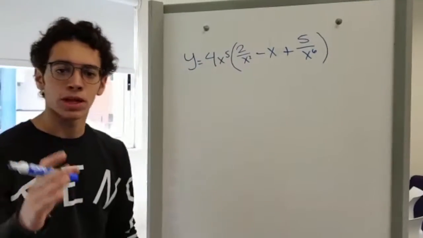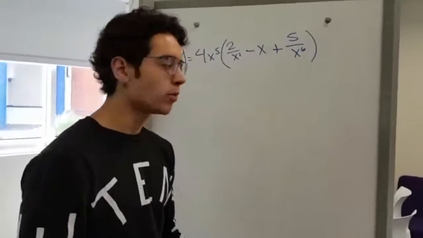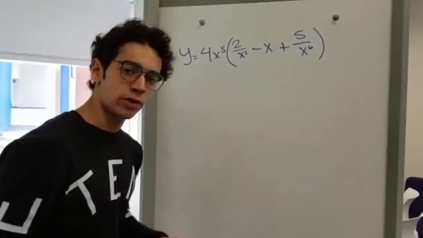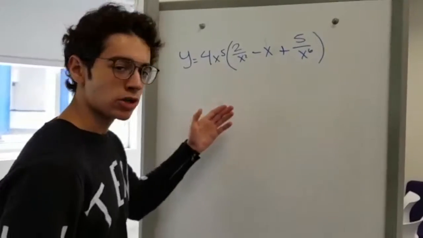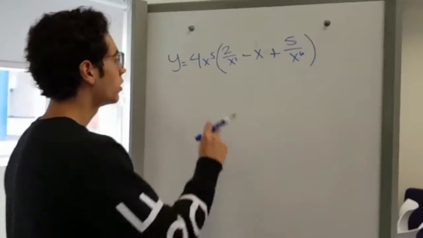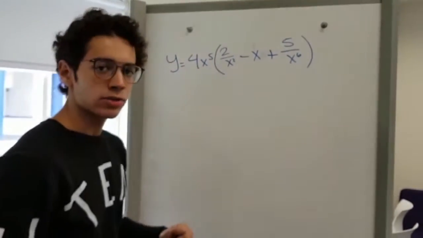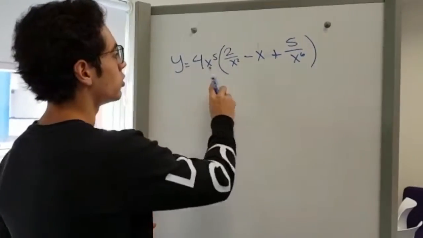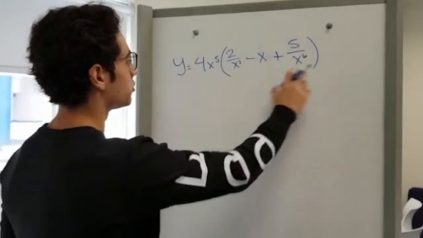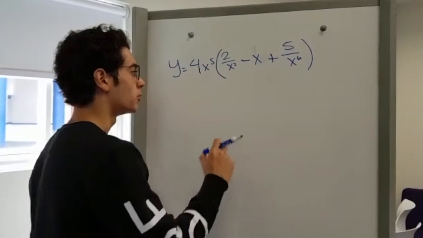Okay, I'm going to explain problem 67 from the left. First of all, to differentiate this equation, you need to first multiply the 4x to the power of 5 by the other 3 numbers.